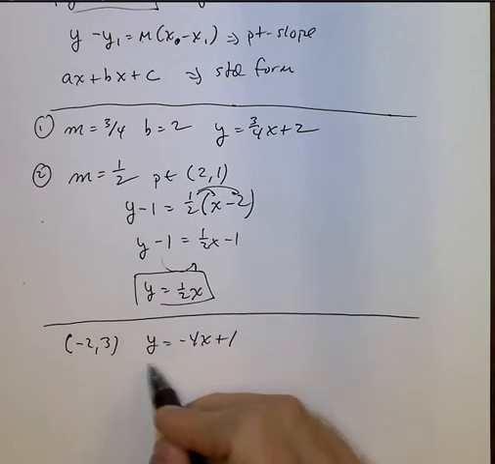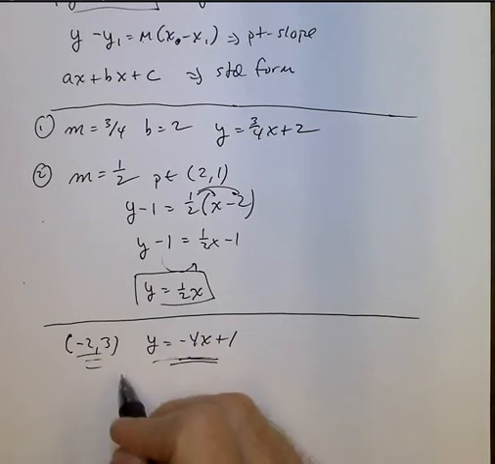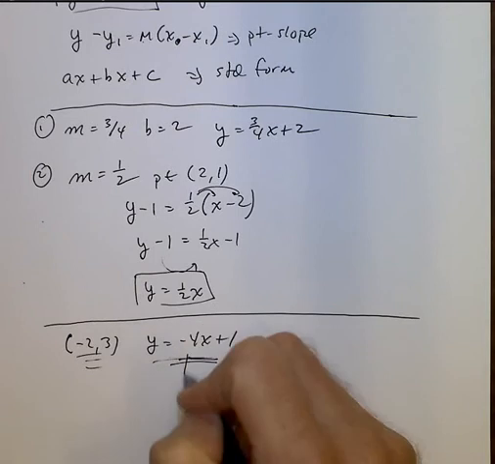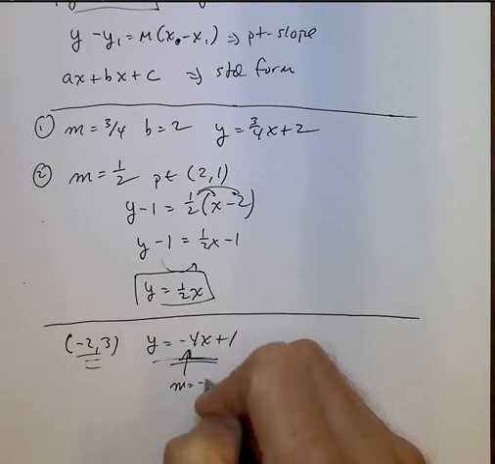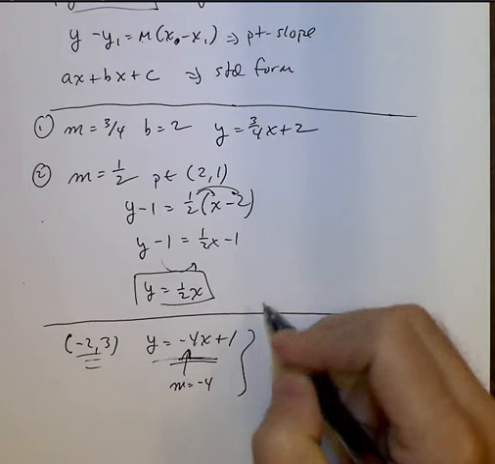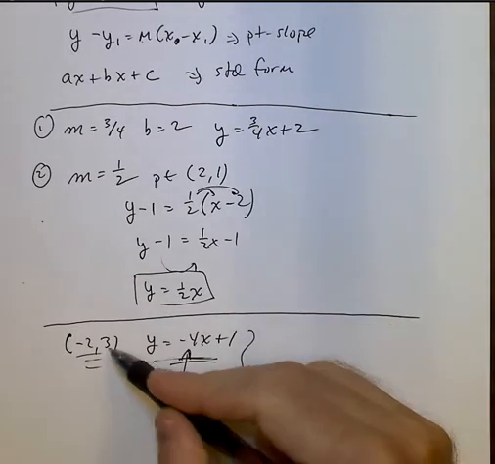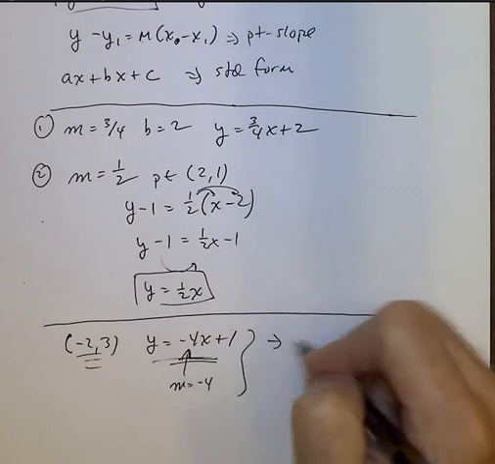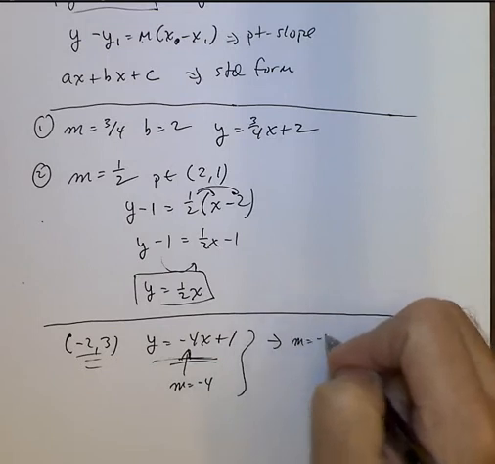I want our line to go through this point, but I want it to be parallel. What do you know about parallel lines? Parallel lines have the same slope. The slope of this line is minus 4. So if I'm asking you for a line that's through this point, parallel to this, I'm basically asking you for a line that has a slope of negative 4 that goes through negative 2 and 3.